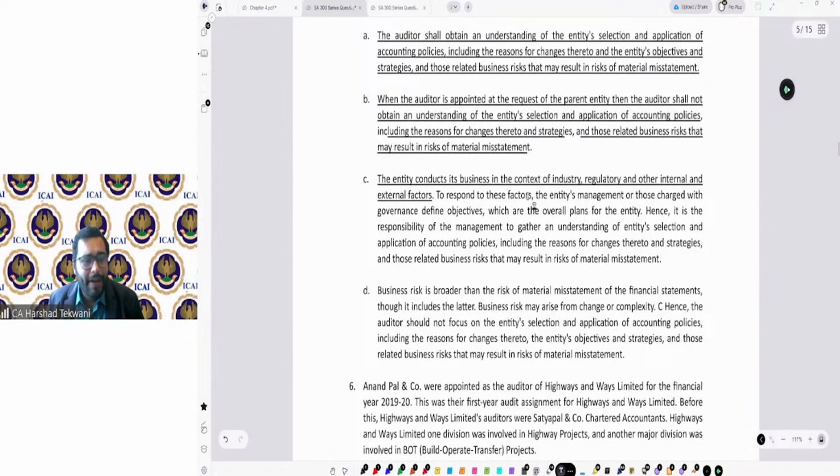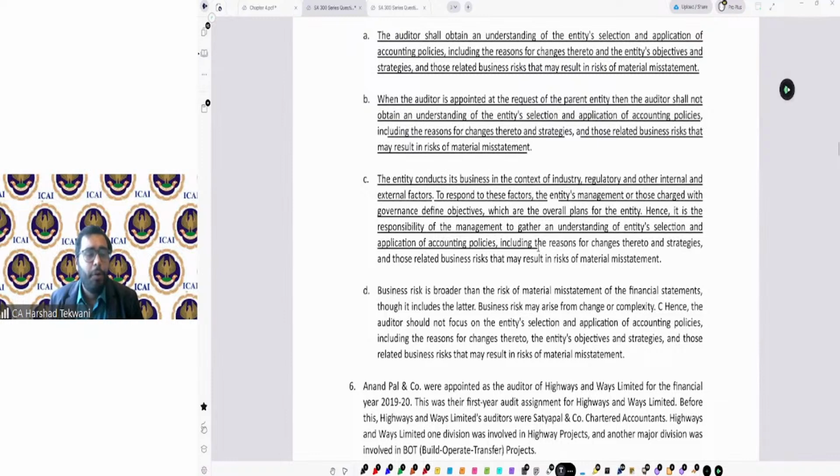To respond to these factors, the entity's management or those charged with governance define objectives, which are overall plan for the entity. Hence, it is the responsibility of the management to gather an understanding of the entity's selection and application of accounting policies, including reasons for changes thereto, and strategies and those related business risks that may result in risk of material misstatement.